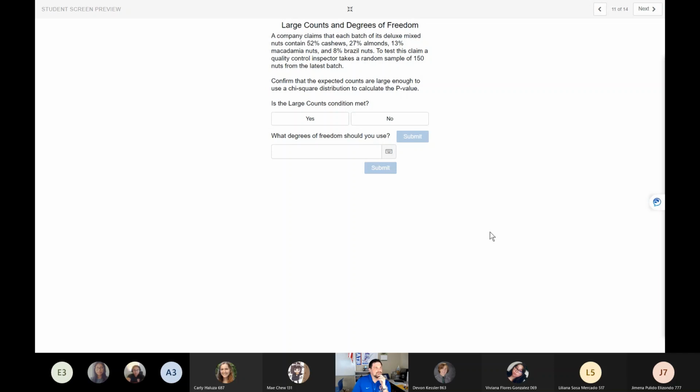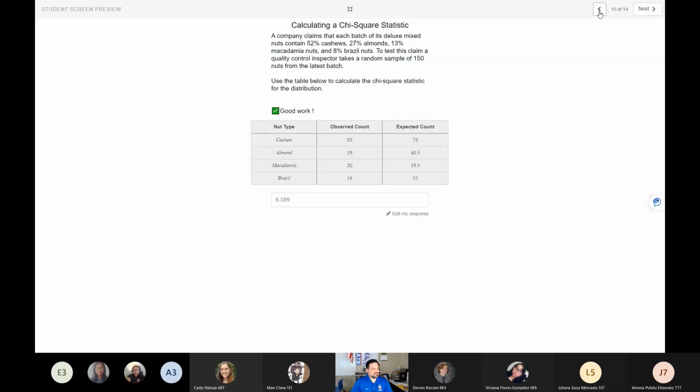All right, so those of you who answered the first question, is the large counts condition met? You got it correct, it is yes. We have at least 5 in all of the expected counts in our table. If we look back here, all the expected counts are at least 5.